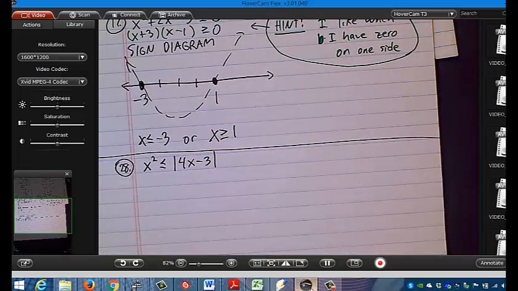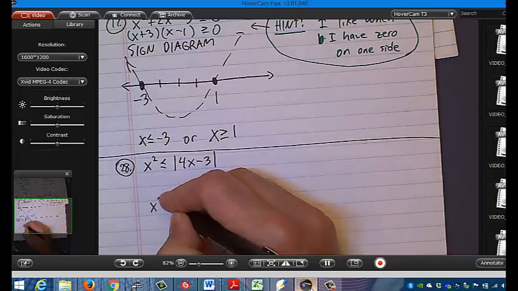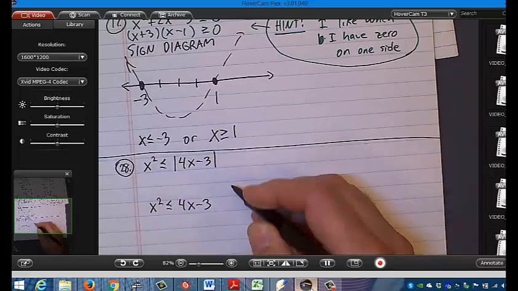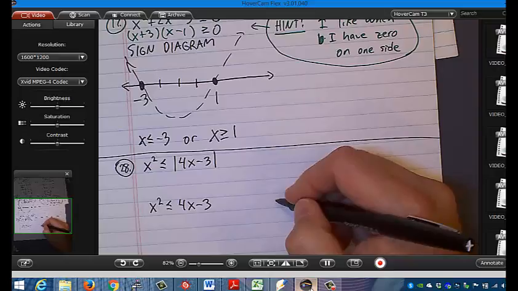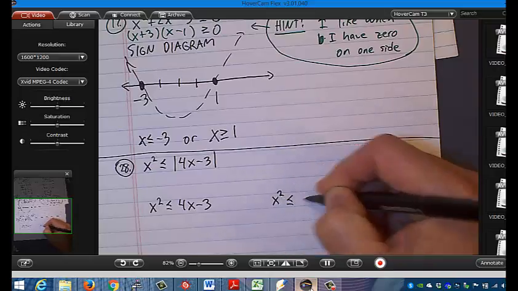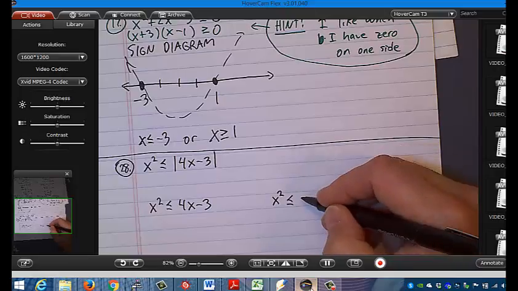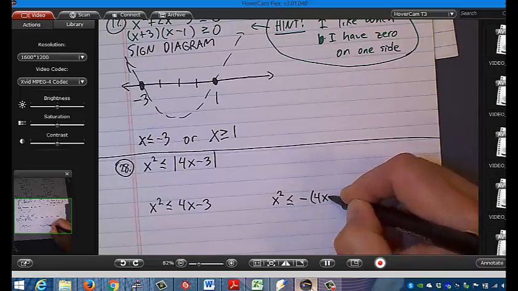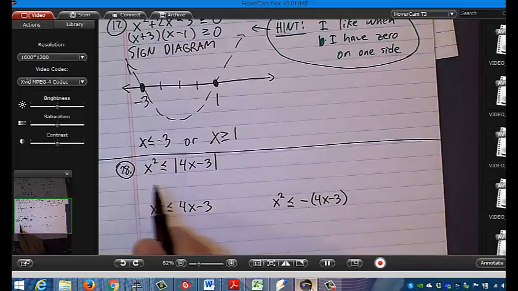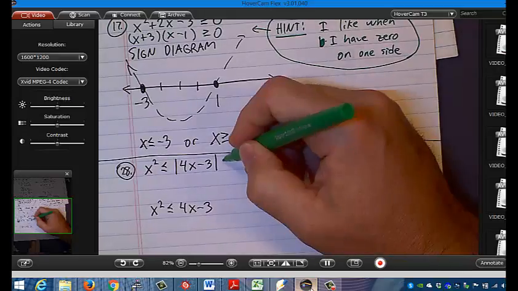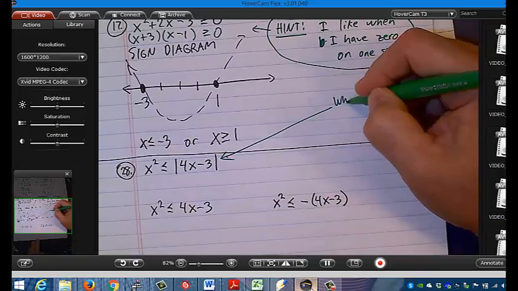And so I told you guys what we're going to do is we're going to split it up into pieces, right? You have 4x minus 3. But the other possibility is that x squared is less than or equal to what? The opposite of 4x minus 3. Now, again, I have variables on both sides, so I have to be careful. I want to think about, like I did before, where is the vertex?